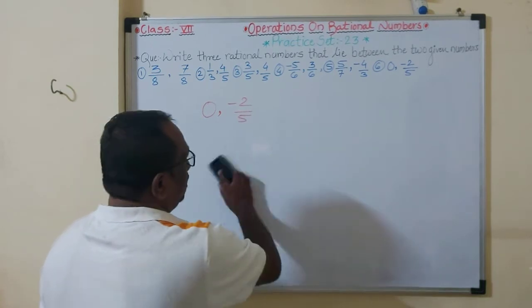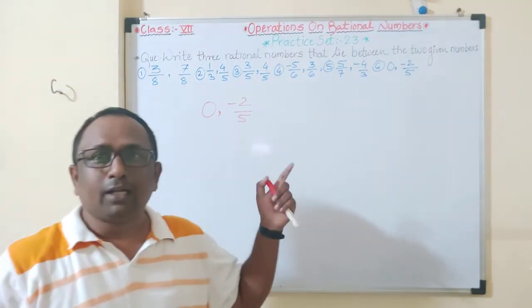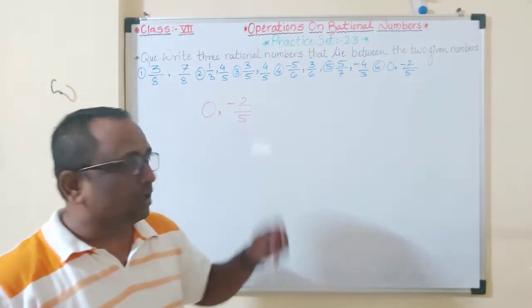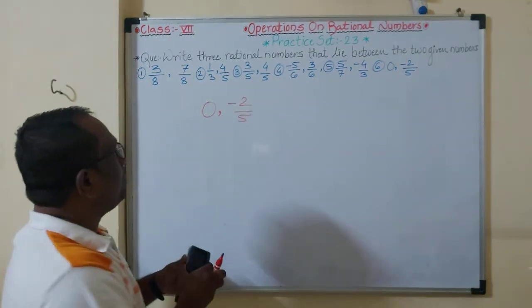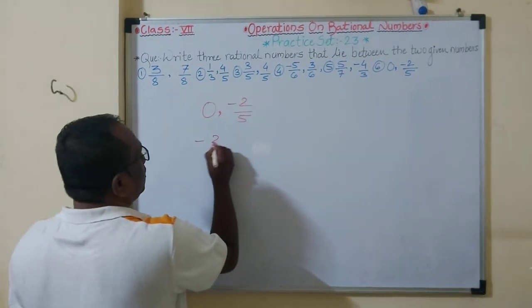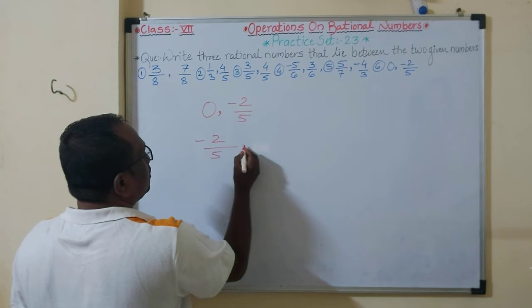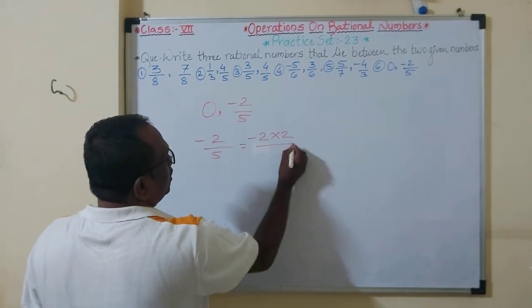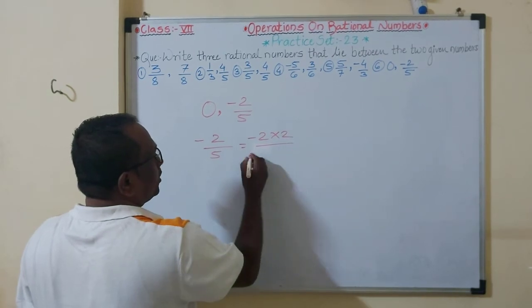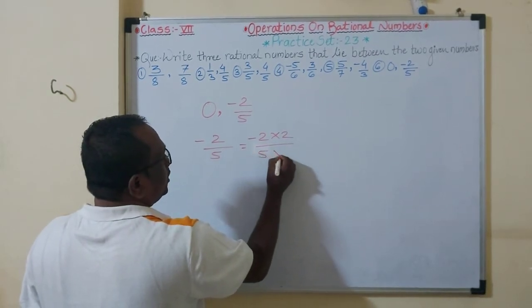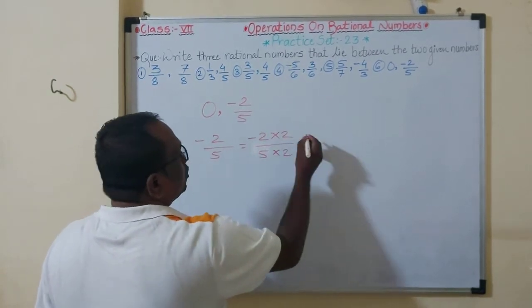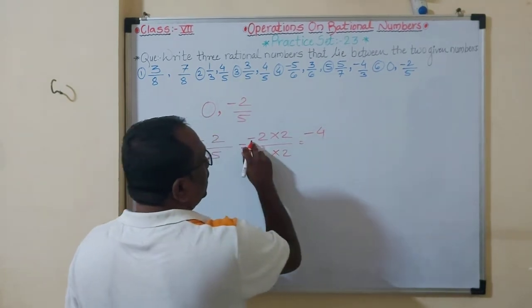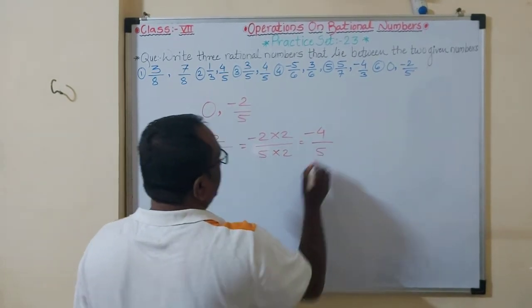So we multiply this minus 2 upon 5 by 2 to both numerator and denominator. Then we get 2 2s are minus 4 because the minus sign is there, and 5.